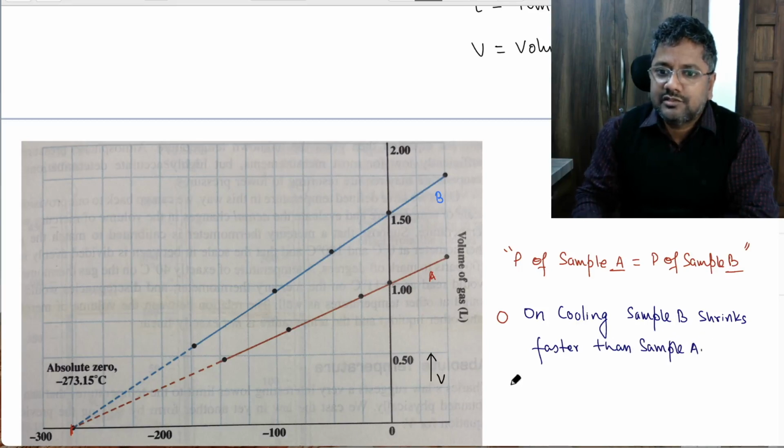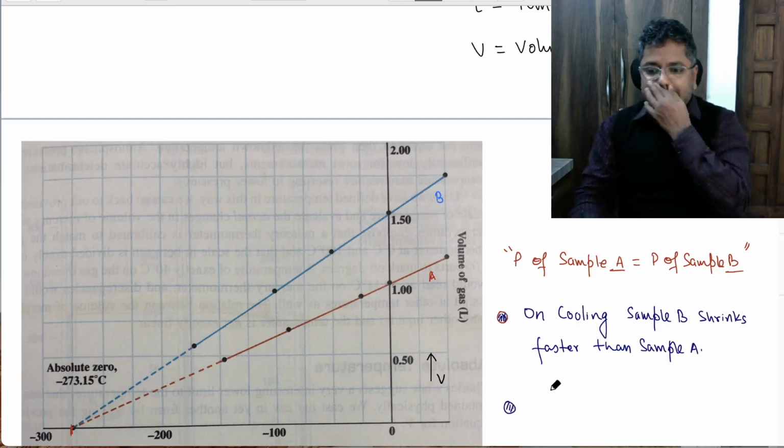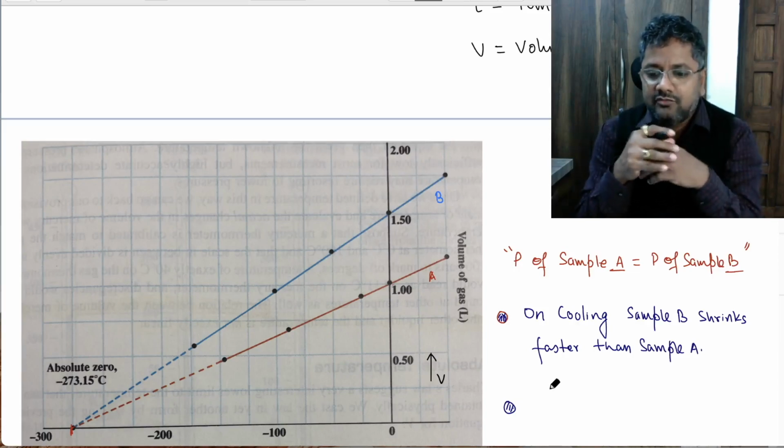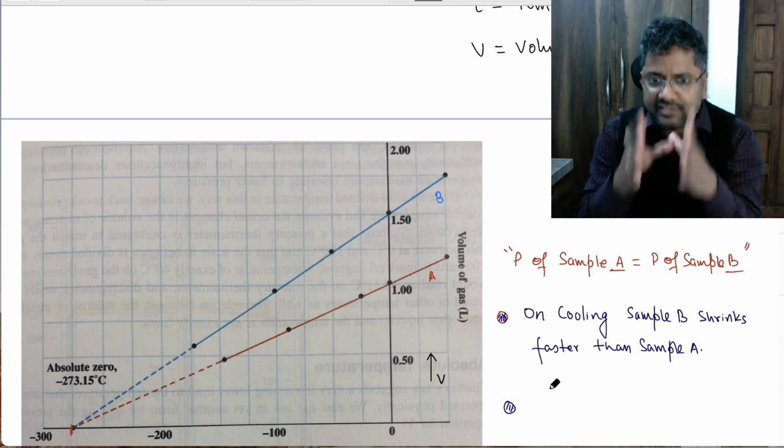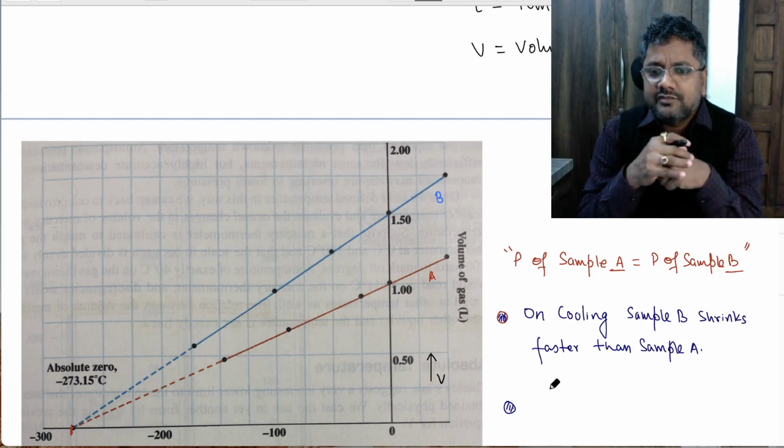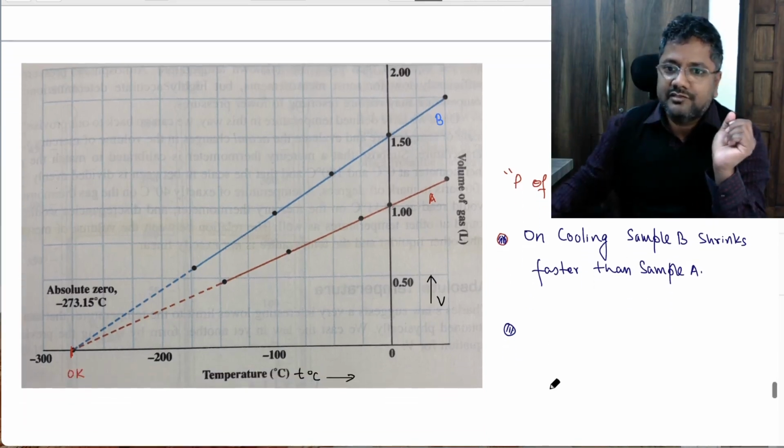That is the first point. Second point, you can write: percent change in the volume. If you see the percent change, then the percent change will always be equal for both samples.